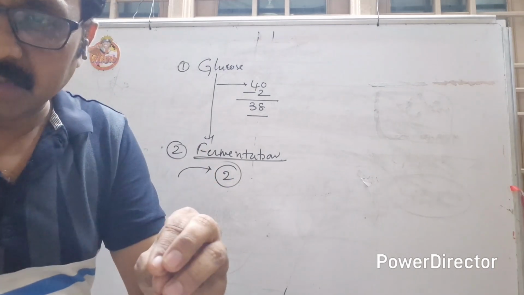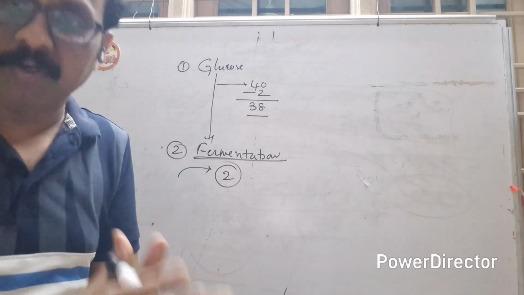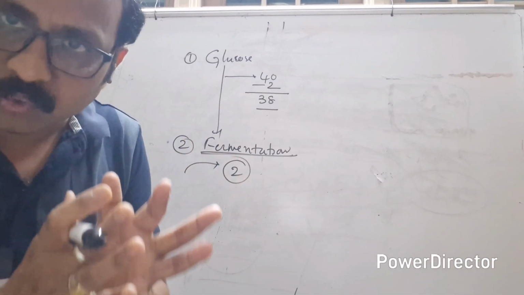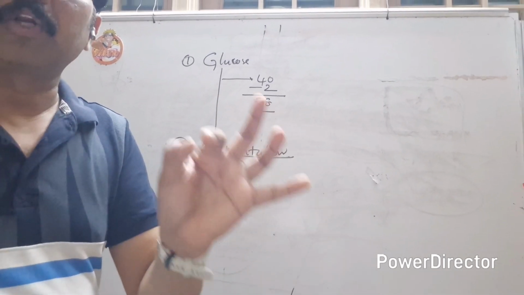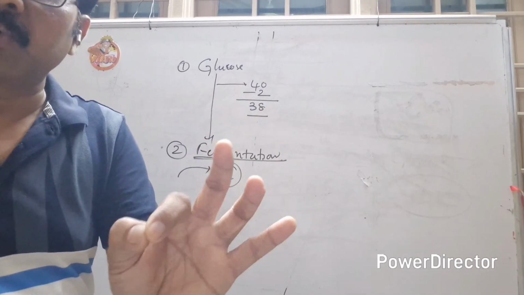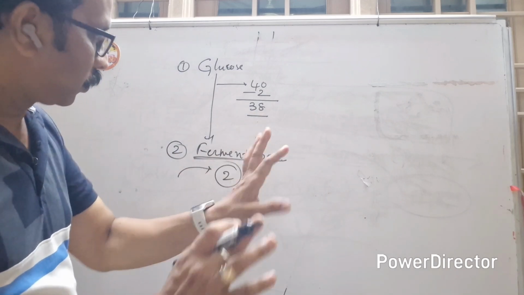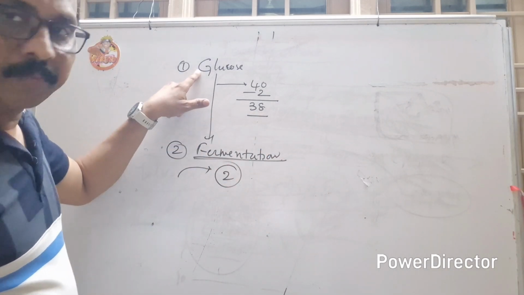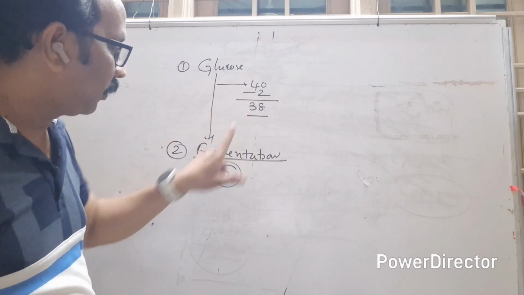Some students get confused: in fermentation NADH2 is also formed, but that is used in the fermentation, so how many ATPs are lost? If the question asks, 6 ATPs are lost, because they are used. That is another question. Glucose as respiratory substrate: total ATP 40, net ATP 38.